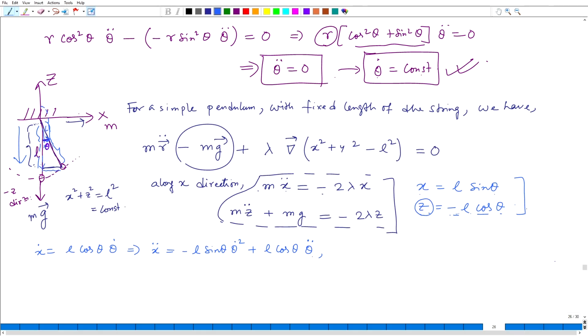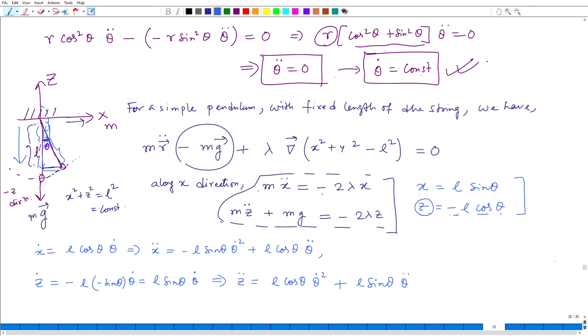Then you will also have y dot is equal to, then you will also have z dot is equal to minus L times minus sin theta, theta dot, which is L sin theta, theta dot, and then z double dot will simply be equal to L cos theta, theta dot square, plus L sin theta, theta double dot.